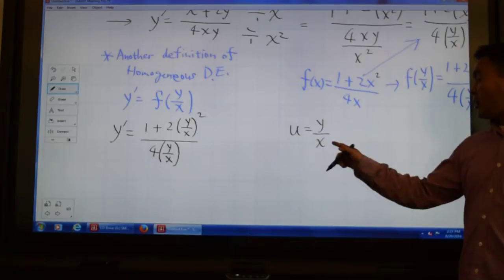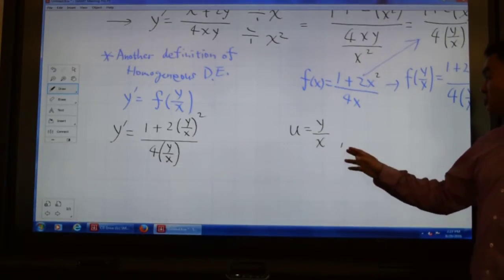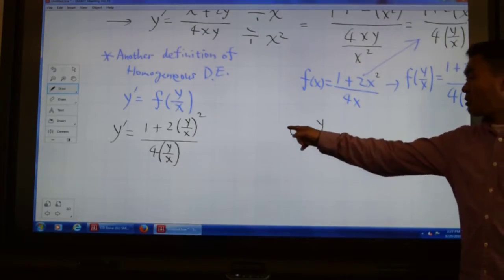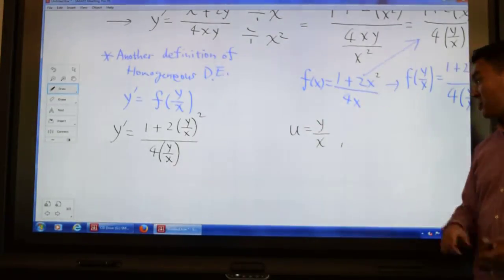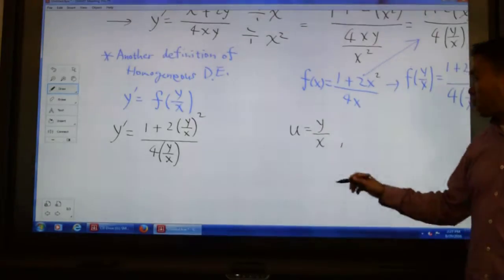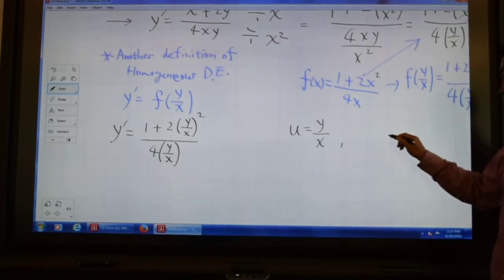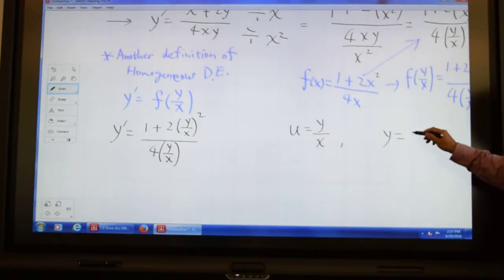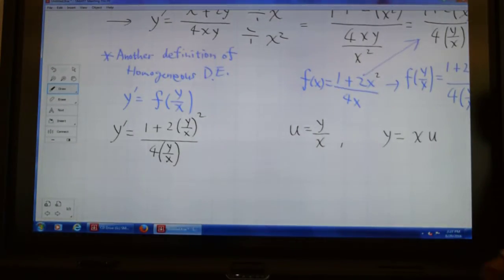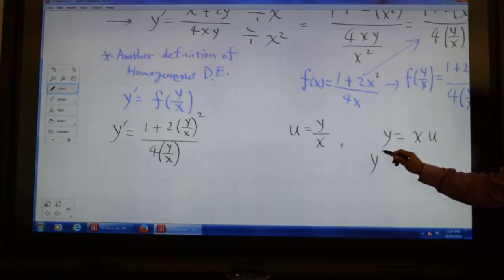To figure out what y prime is equal to, the way is first solve for y, so that if you multiply x on both sides, y becomes x times u. And then you differentiate with respect to x on both sides.